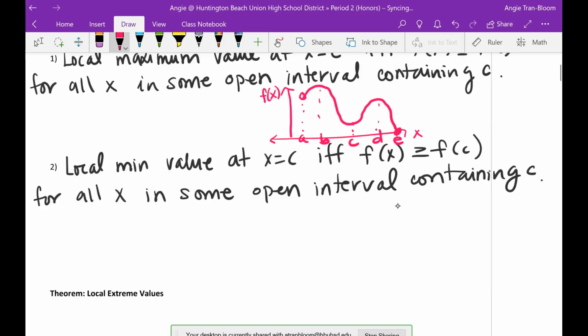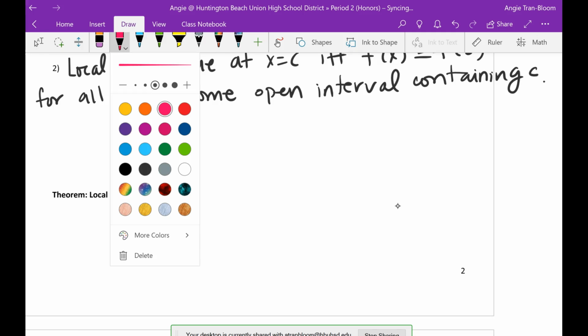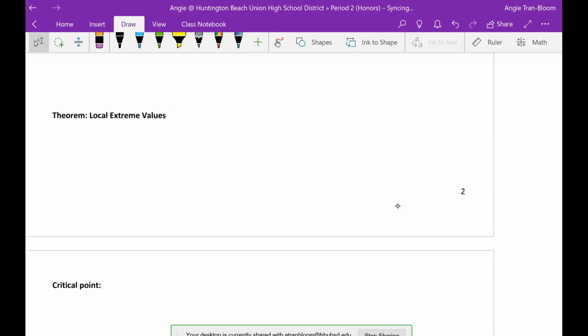All right. Let's do a theorem. Local extreme values theorem. Am I going too fast? No? Too slow? Just right? Okay.